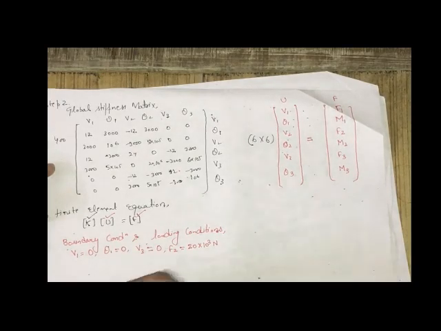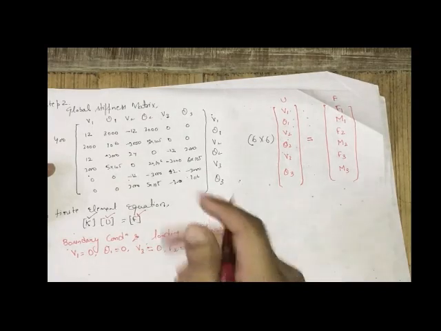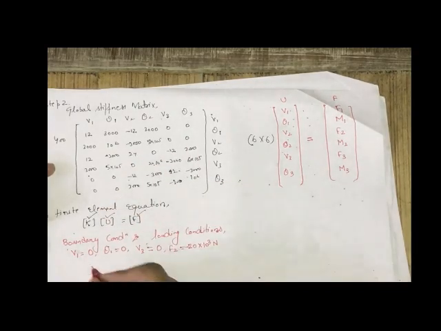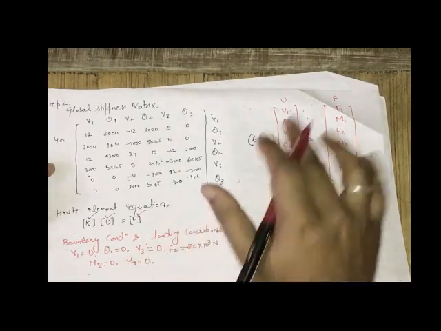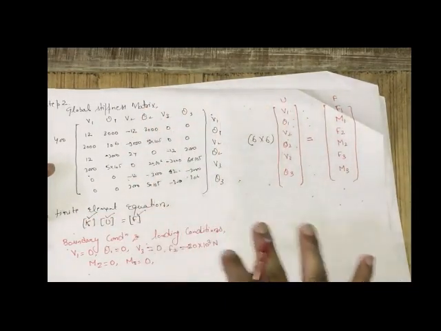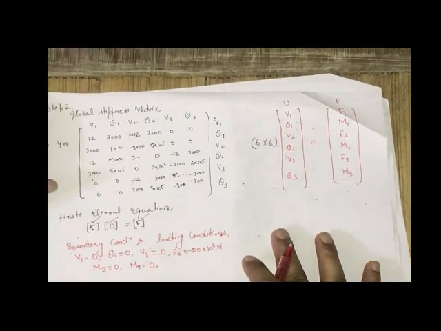So the load is applied in the vertically downward direction, so it will be taken as negative because it is in the downward direction, and the bending moment at the node 2, M2, is equal to 0, and the bending moment at the node 3, M3, is equal to 0. So apply these boundary conditions in the finite element equation.